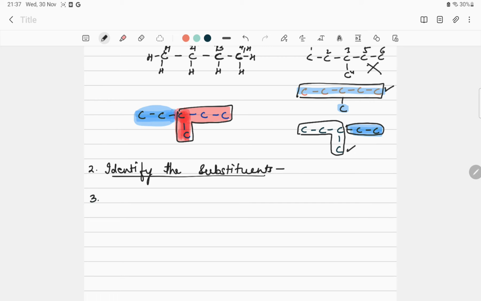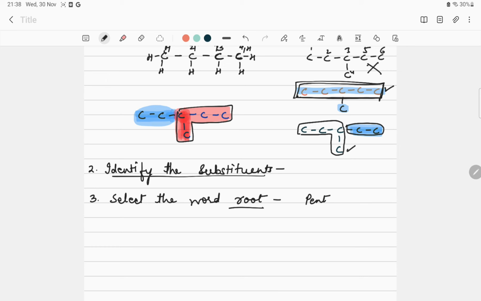Now moving to the next. What is the next rule? Select the word root. What is word root? The word root is selected according to the number of carbon atoms present in the parent chain. Because this chain is the longest chain, this will be selected as parent. And how many carbons are there? There are 5 carbons, so the word root is going to be pent.